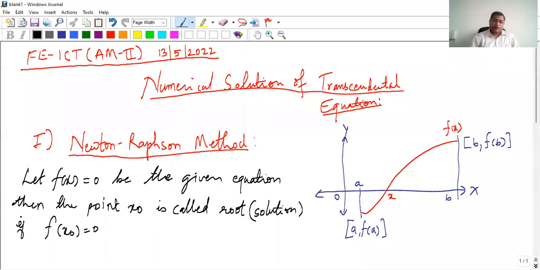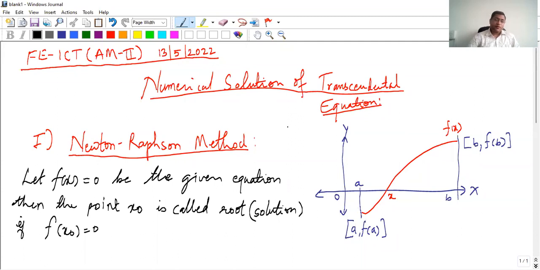So we have to find the value of x such that this function will be 0. You can see here it is the x which lies in between a and b such that f of x is going to be 0. This is our target point, the solution that we want to find.